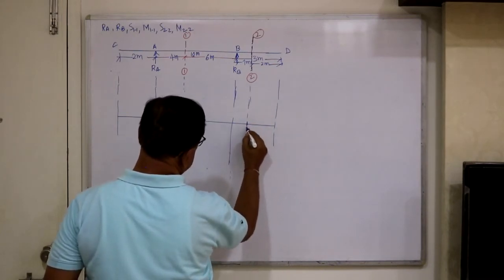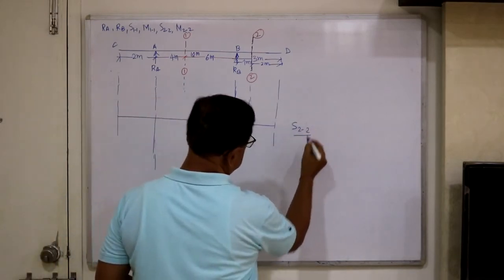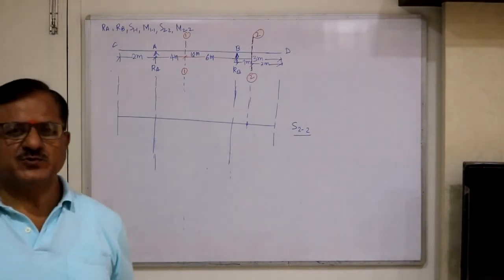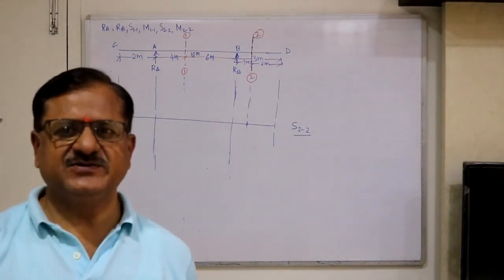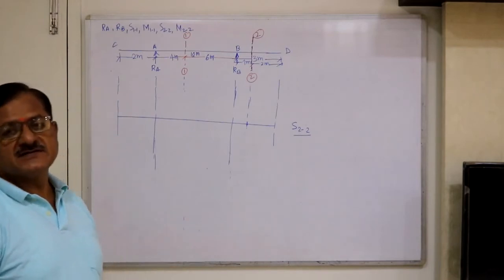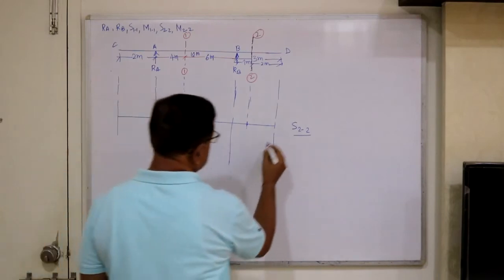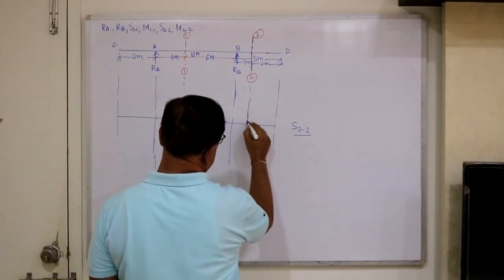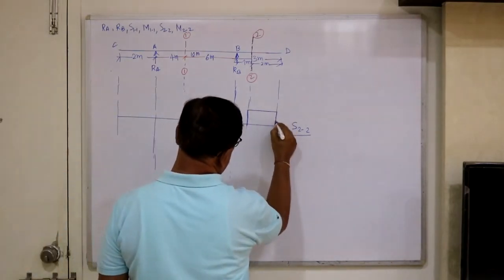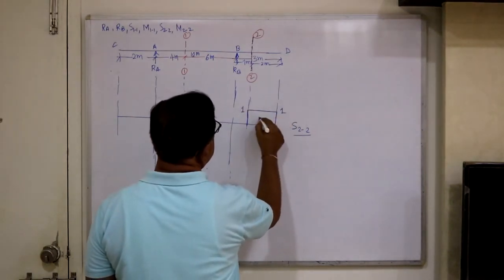Now here, say this section S22. S22 is within a cantilever portion and left hand side of the cantilever, that section will not be affected, and shear force diagram for cantilever is a rectangle. And this is always unit plus.